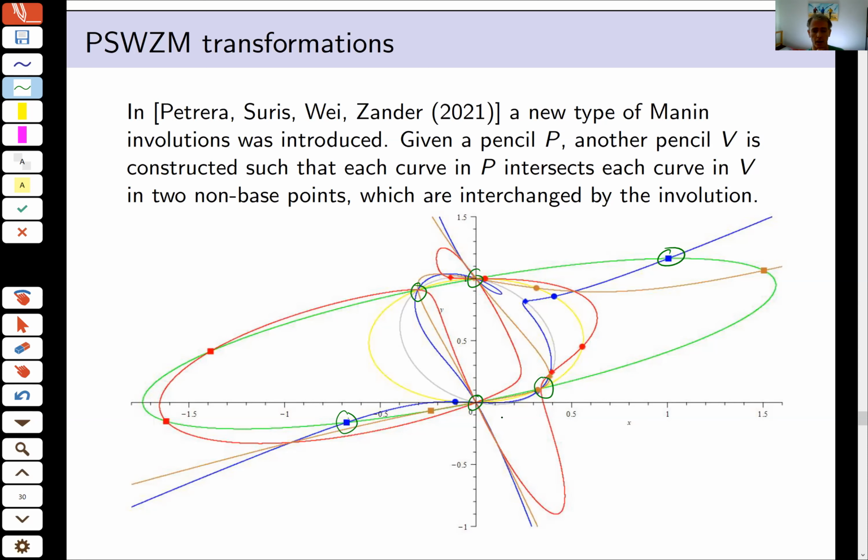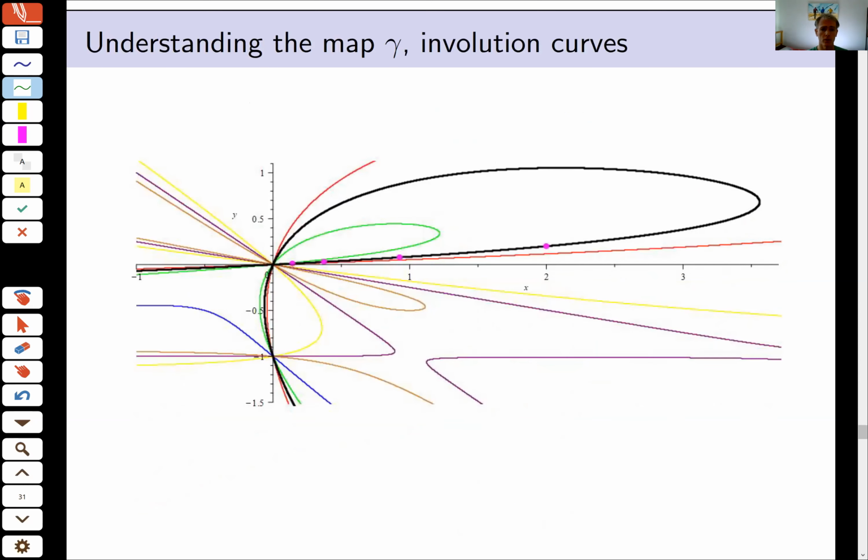Now, what I want to do is understand this map gamma, also in terms of Manin transformations. If you look at the action of the map on one curve of the pencil, then it's just a Manin transformation.